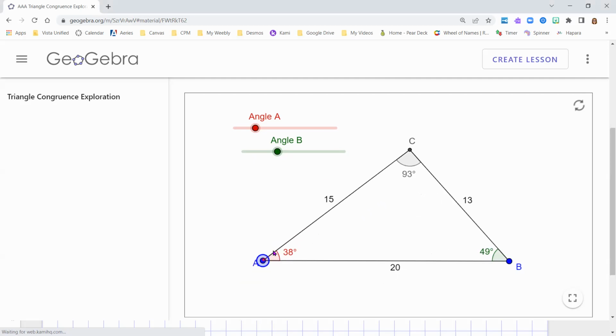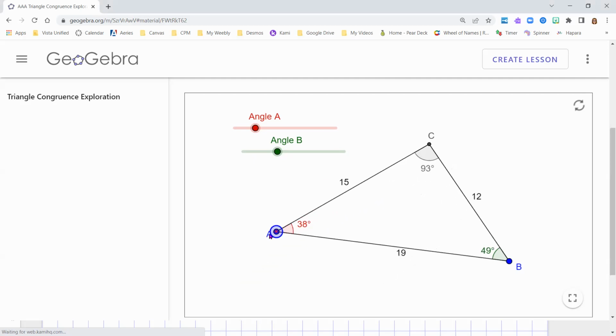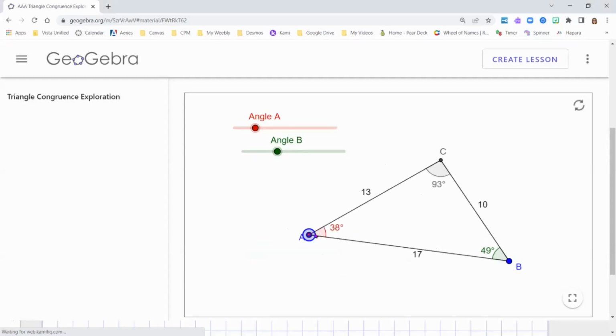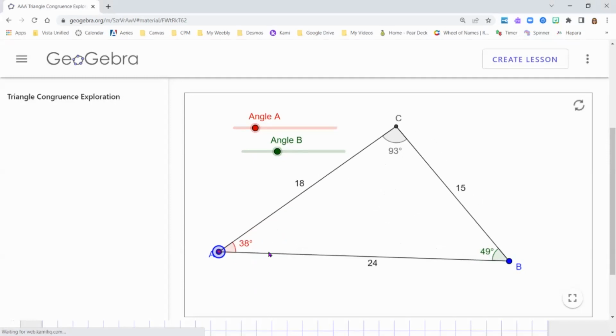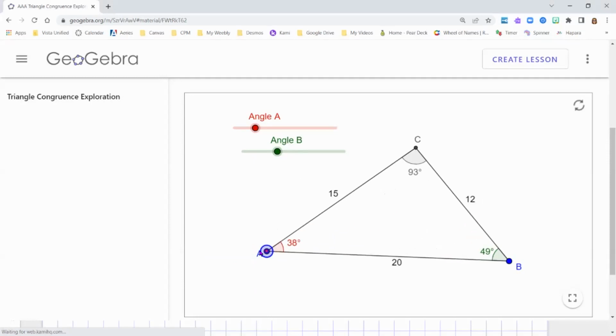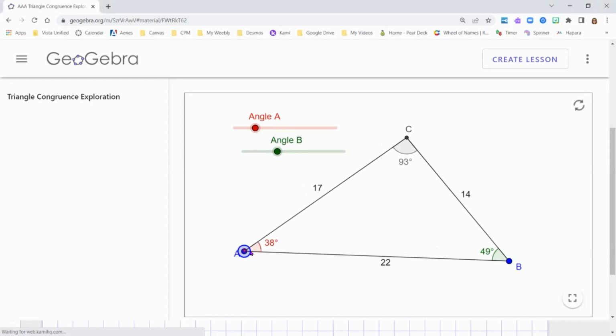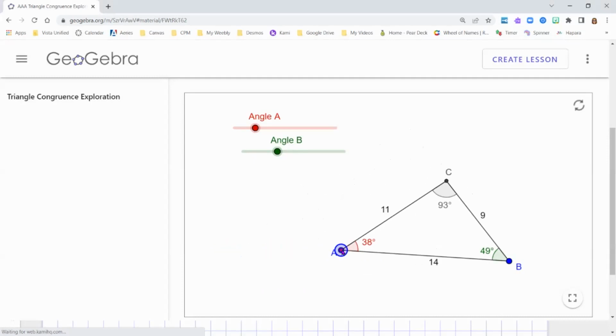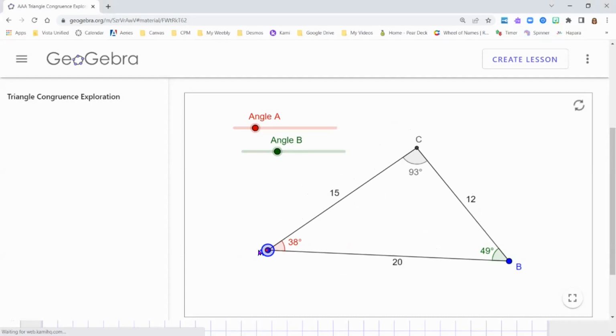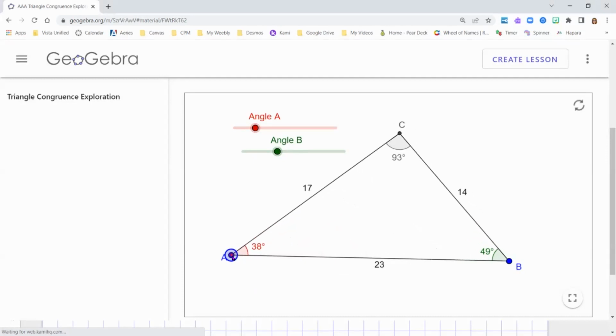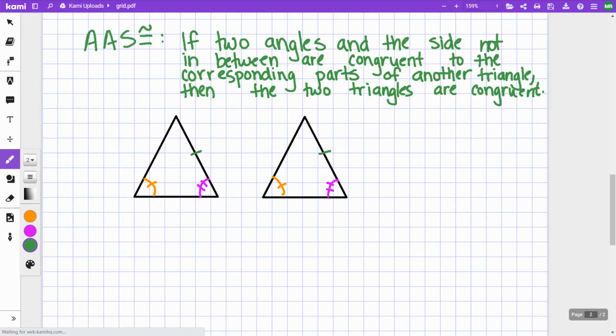And you can see that the 38, the 93, and the 49 are staying. The angles are staying the same. It's just becoming a bigger triangle or a smaller triangle. So the sides are changing, but the angles are not. So angle, angle, angle is not going to make them congruent. It actually will make them similar, but not congruent. So angle, angle, angle does not work.